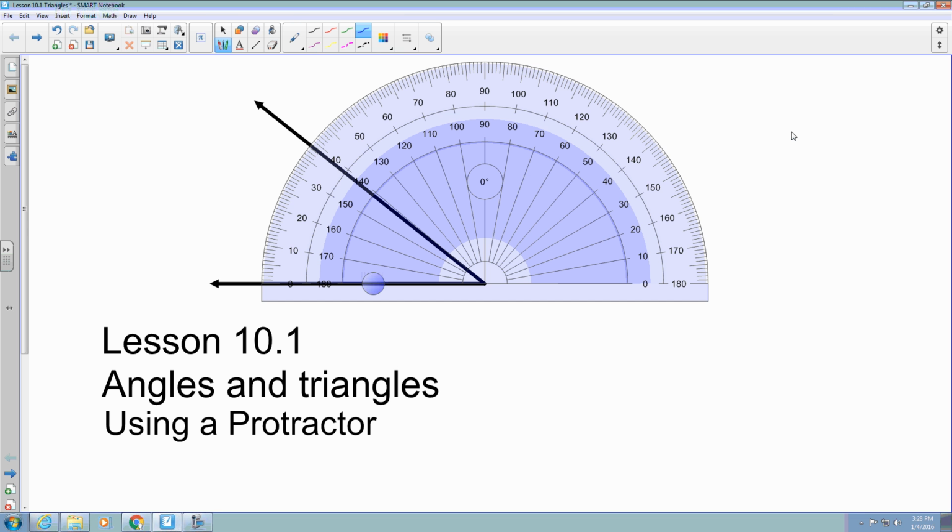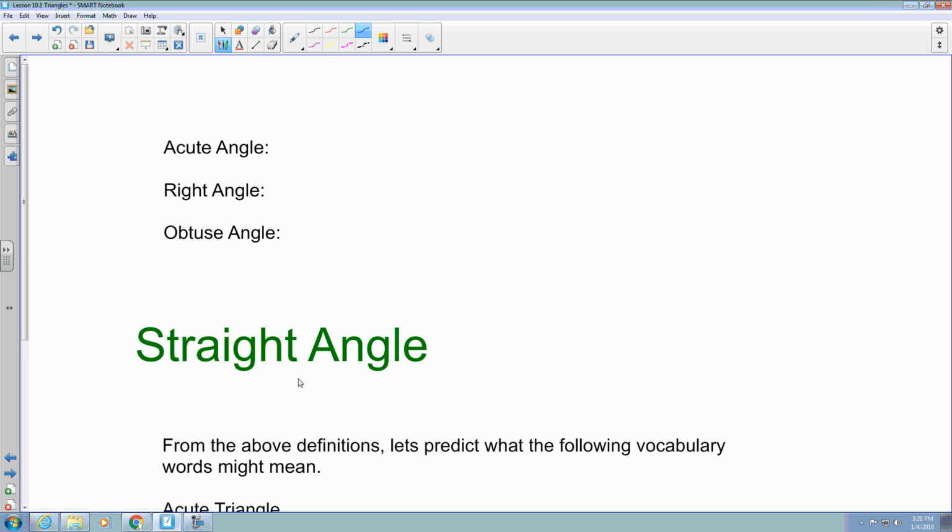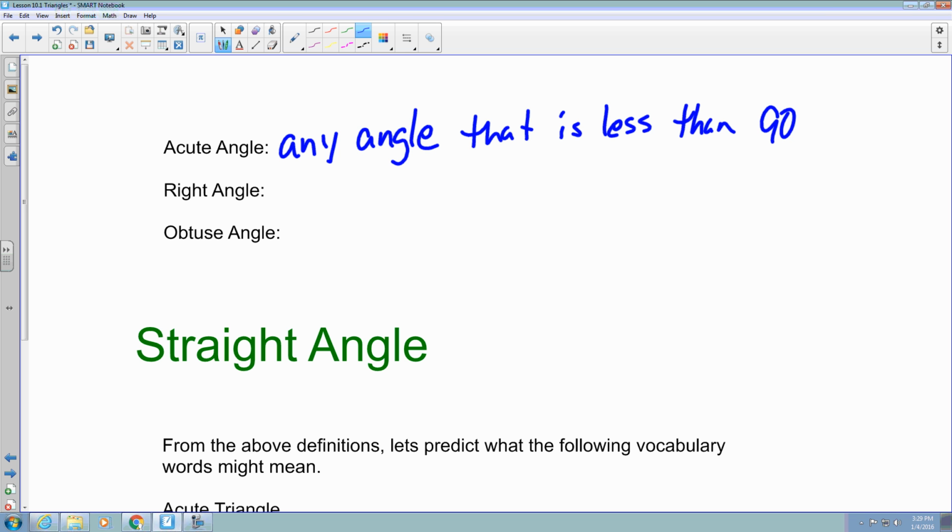There are three different kinds of angles, well, it's actually four different kinds, but we're going to take a look at three of them here today. The first three are acute angles, right angles, and obtuse angles. By definition, acute angles are any angle that is less than 90 degrees.